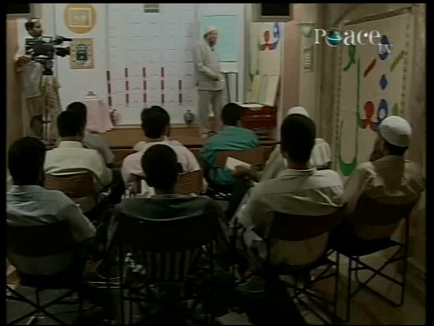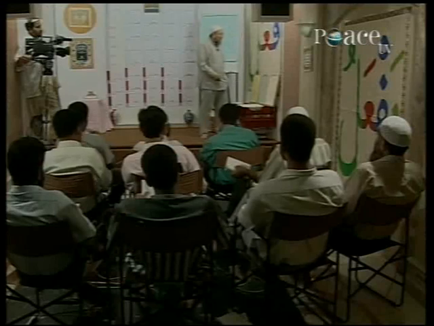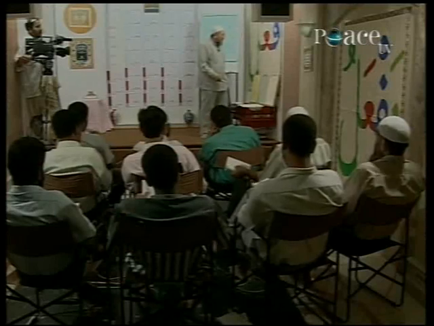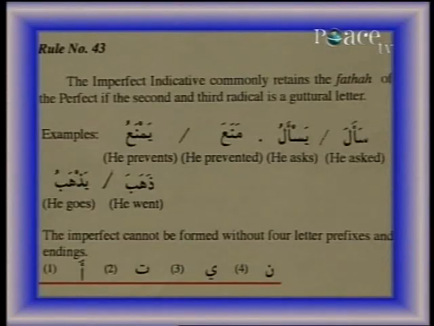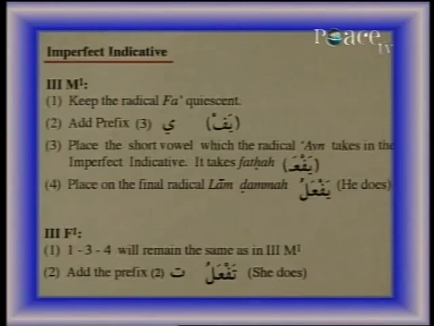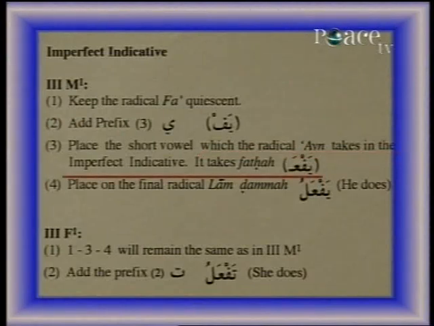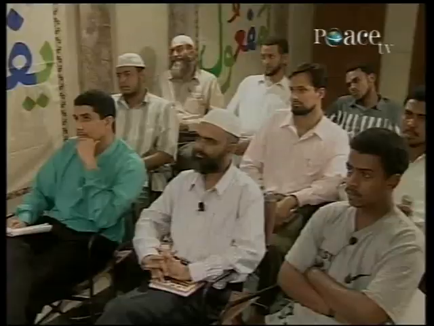The imperfect cannot be formed without four letter prefixes and endings: a, ta, ya, and noon. Imperfect indicative, 3M1. Keep the radical fa quiescent. Add the prefix ya, yaf. Place the short vowel which the radical ayn takes in the imperfect indicative, it takes fatha, yafa.